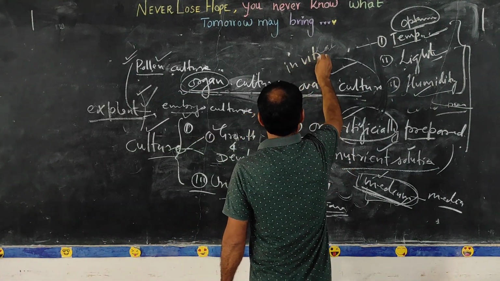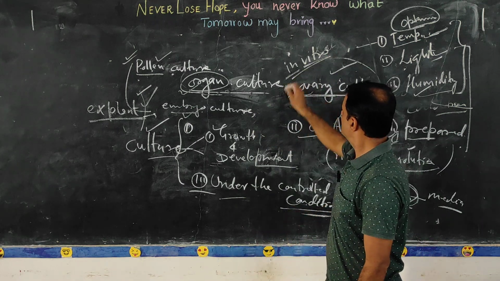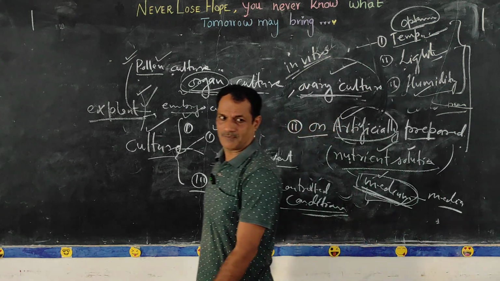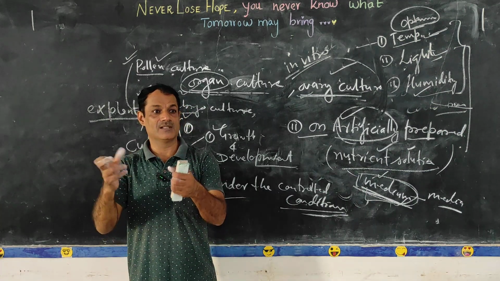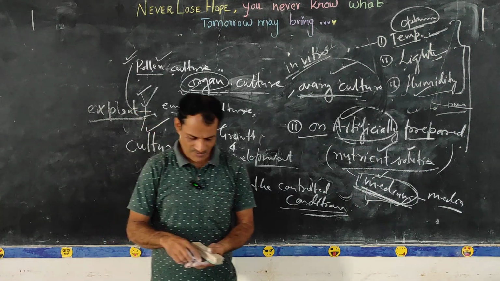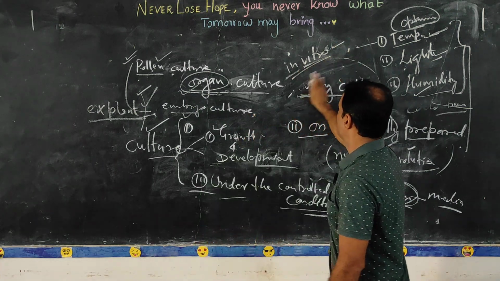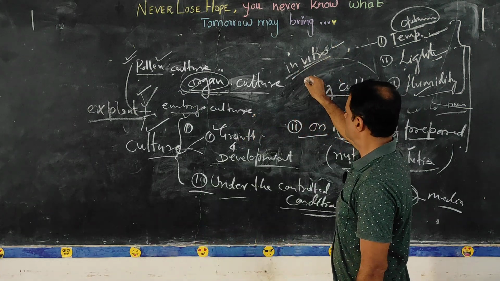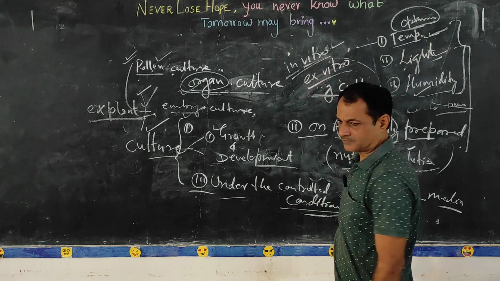In vitro means basically this word came from the word vitreous, in glass. Something we are growing in the glass, which means growing in laboratory conditions, that is called as in vitro. One more word we use in plant cell and tissue culture is ex vitro.